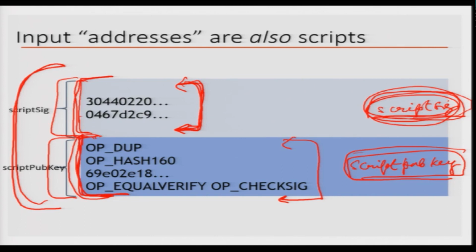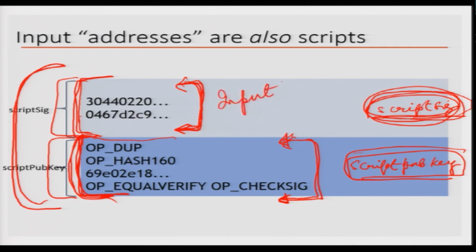So, what this has to do is take the corresponding output from the previous transaction, the output pub script, the script pub key, and then concatenate them together. It is not that the input and output of the current transaction are concatenated.